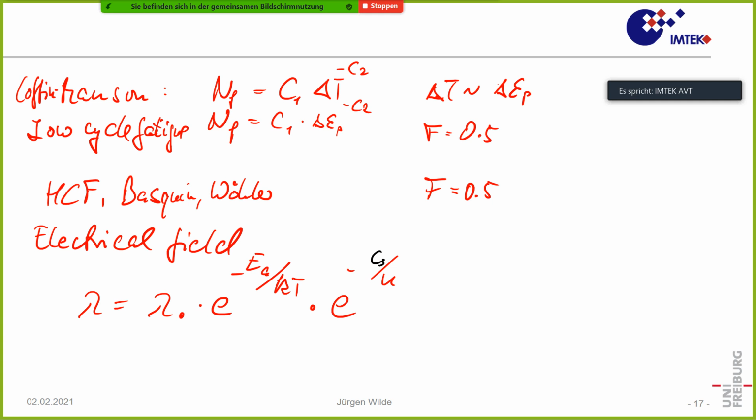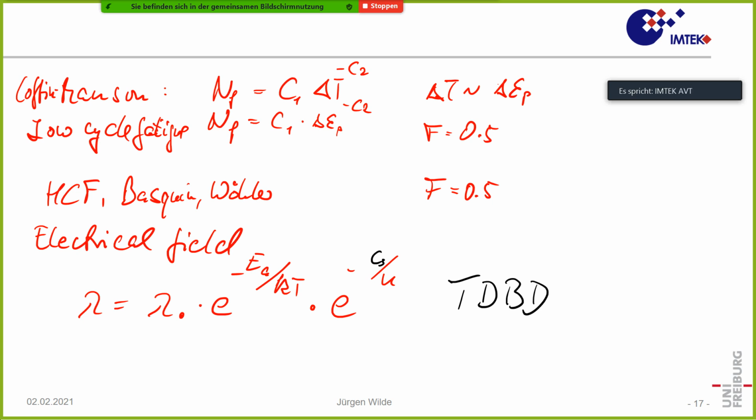Let's say C3 divided by the voltage. In fact, it's not really the voltage, but the electrical field strength. And that means with increase of electrical field strength, the probability of failure within a certain time interval will increase. So that's a typical model for TDDB, so time to dielectric breakdown.